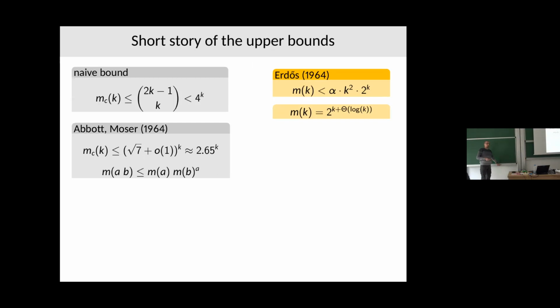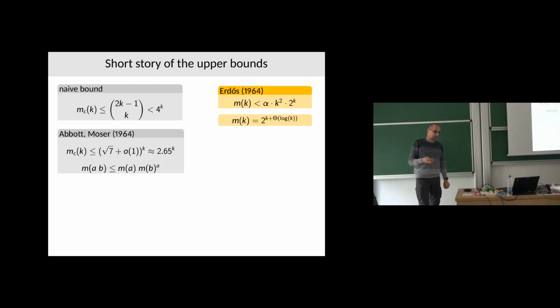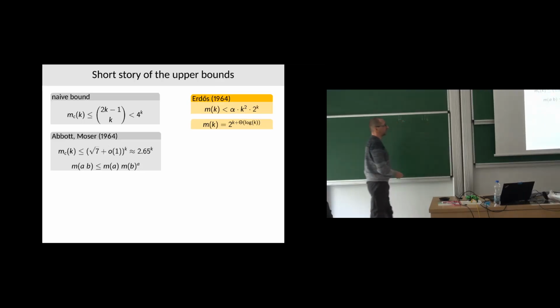So the idea was that if you have two hypergraphs that are not two-colorable, you can build from them another one which has larger edges and still is not two-colorable. So it works like this. We have a hypergraph H_A with edges of size A, and a hypergraph H_B with edges of size B.